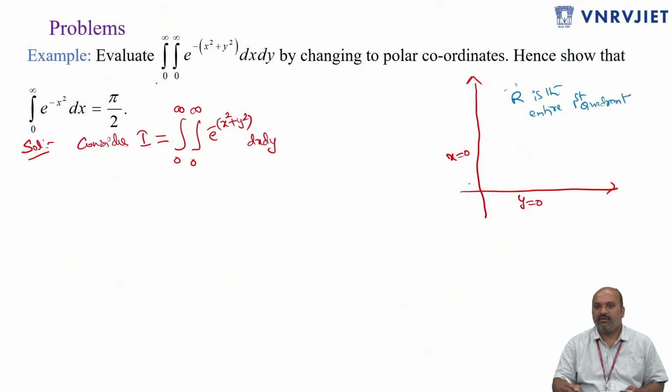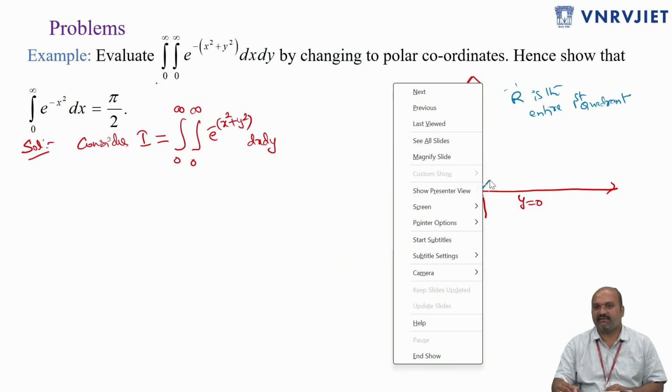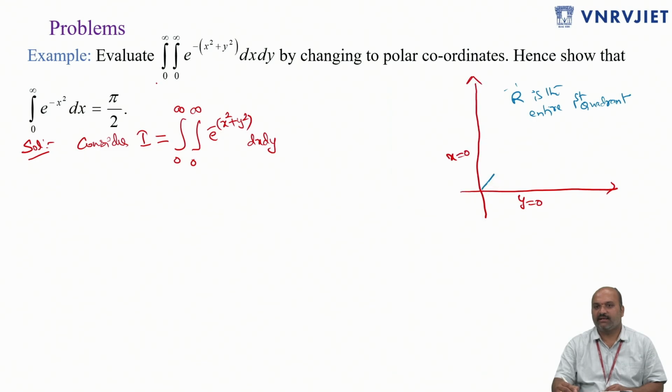Now converting it into polar coordinates, for the same region, how do we identify the limits for r and theta? In Cartesian coordinates we consider horizontal or vertical strips, whereas in polar coordinates we consider an angular strip, that is, a strip with some angular thickness in the region of integration.